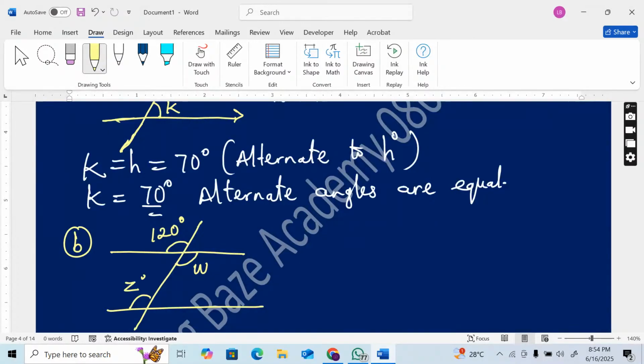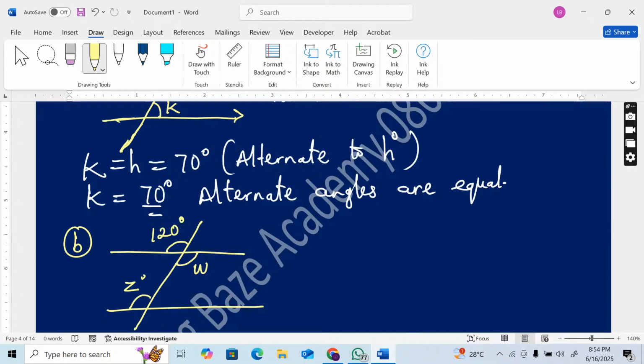So why should we have the difference? There is no angle beside 120 degrees, so they are not adjacent angles. They are not supplementary angles.